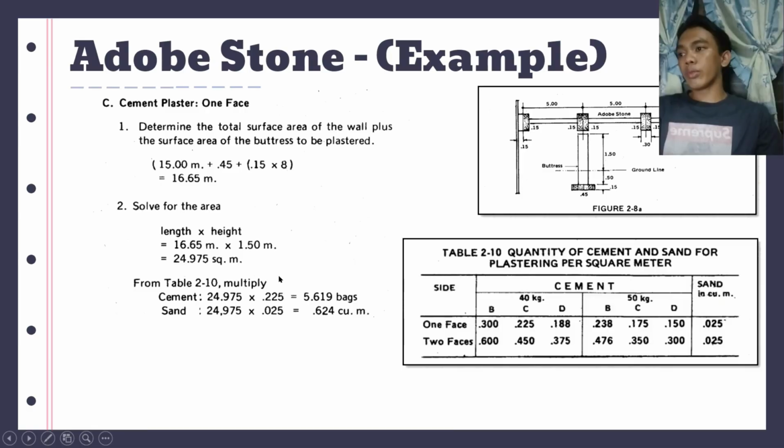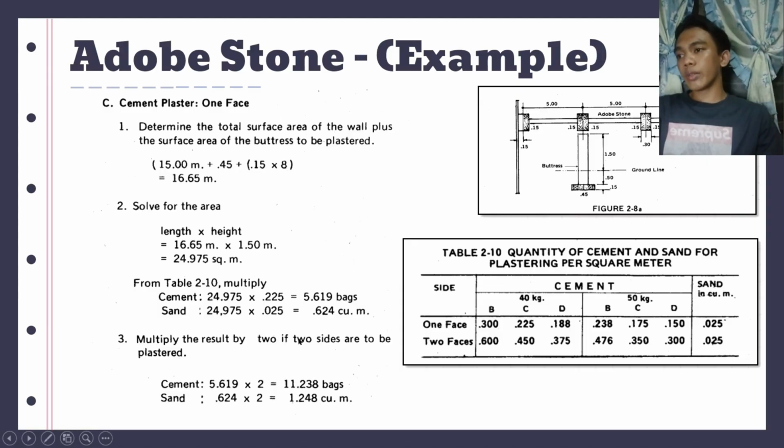Now referring to table 2.10, you just need to multiply the cement by 0.225. We are still using Class C at 40 kilogram. That will be equal to 5.619 bags of cement. Then multiply the sand by 0.025, equal to 0.624 cubic meter of sand.